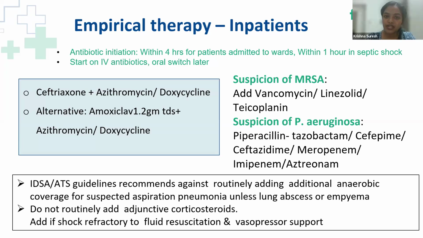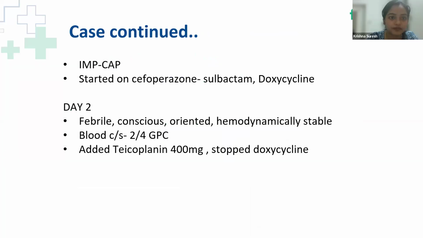In suspected aspiration pneumonia, the ATS IDSA guidelines recommend against routinely adding additional antimicrobial coverage unless there is lung abscess or empyema. And do not routinely add adjunctive corticosteroids. Corticosteroids can be added if there is shock refractory to fluid resuscitation and vasopressor support.